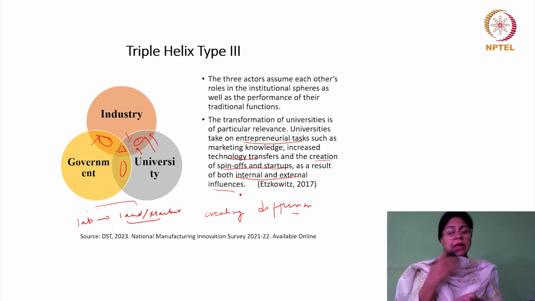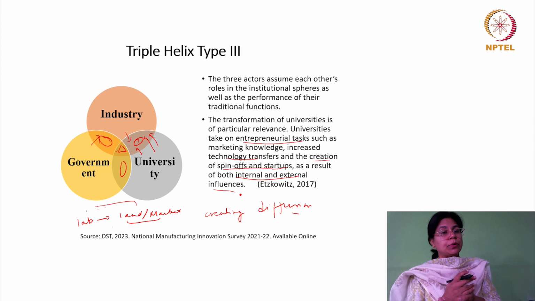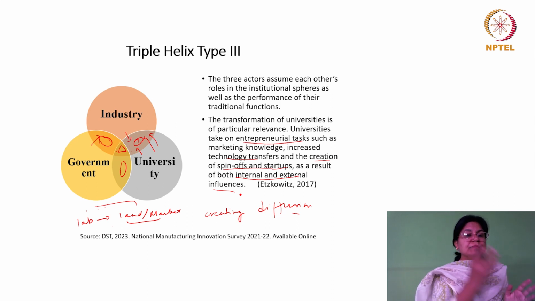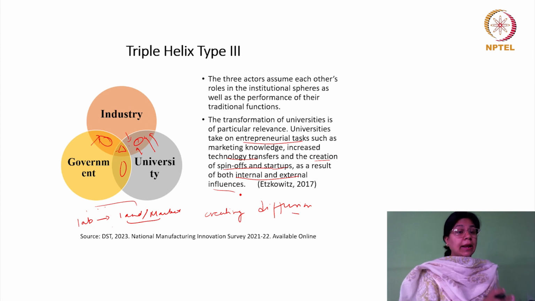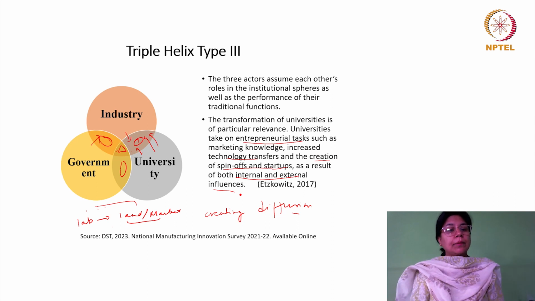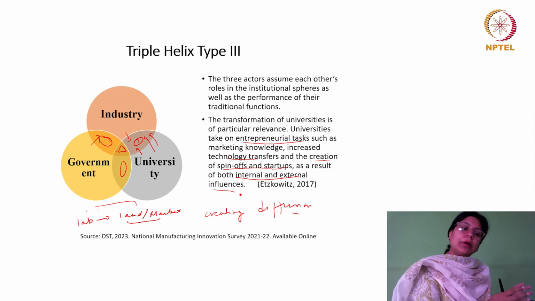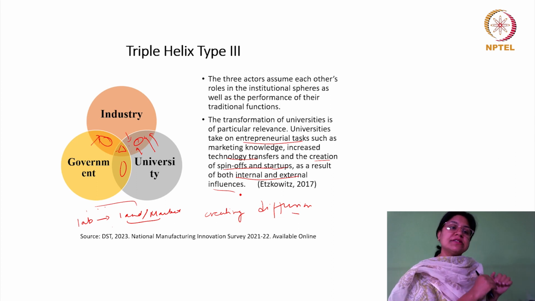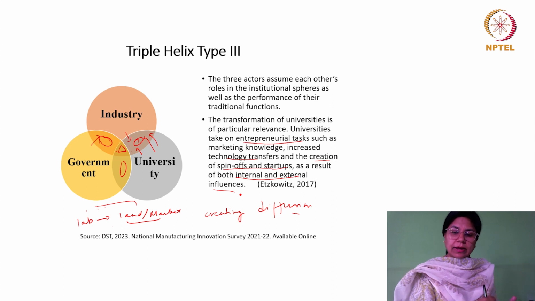So this move away from their traditional function may be because of certain internal and external influences. If you remember, in the earlier module we talked about how funding from government sources was being reduced in the American context. If that happens, the universities have to look for alternative sources. One important way to do that is through the commercialization of the existing technologies and information within their organization.